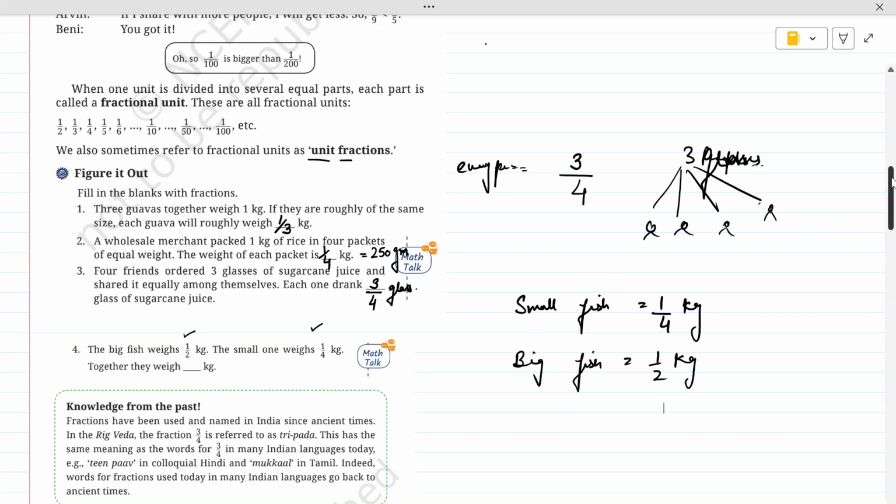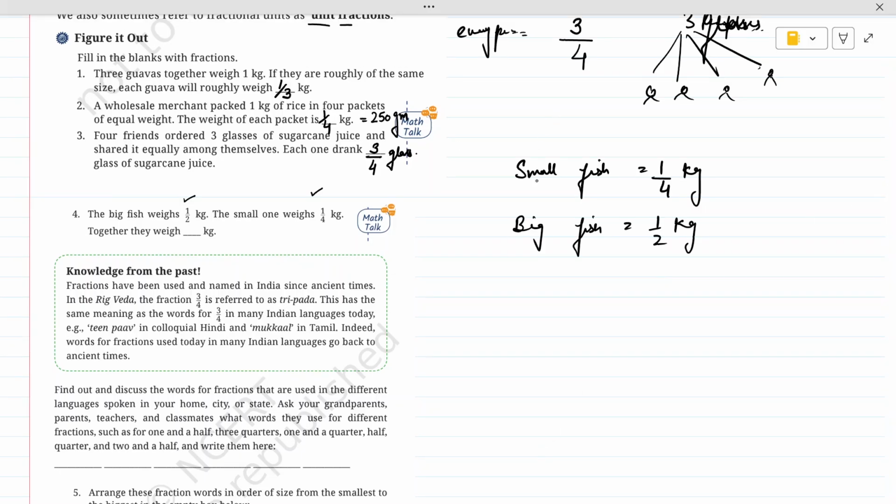First method we have done in grade 5, where if we want to add two fractions, we will find the LCM of 2 and 4. The LCM of 2 and 4 will be 4. 4 divided by 4 gives us 1, and the number we get we multiply with the numerator.